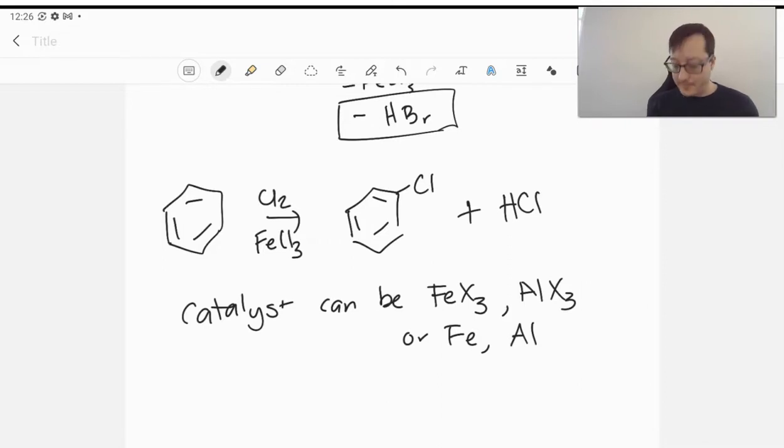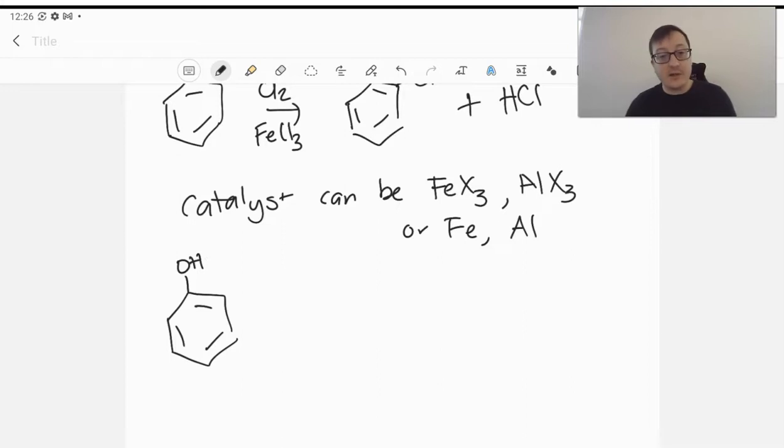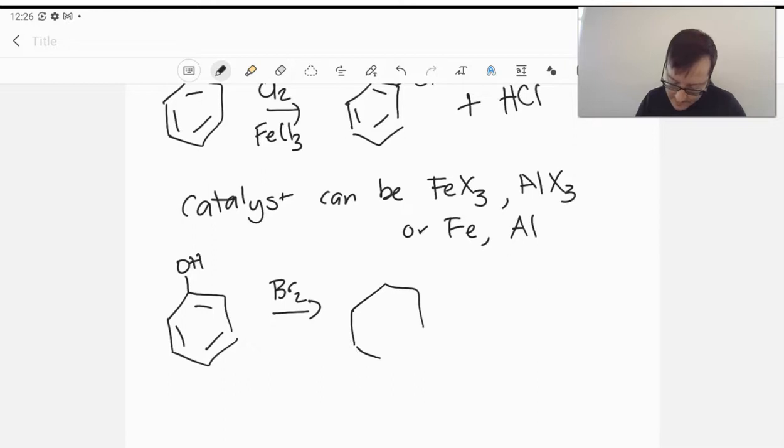One final note, this reaction will also happen in the presence of electron donating groups, and you don't actually need the catalyst. In the presence of an electron donating group, this is something we're going to look at later, we will end up being able to brominate it without the catalyst.